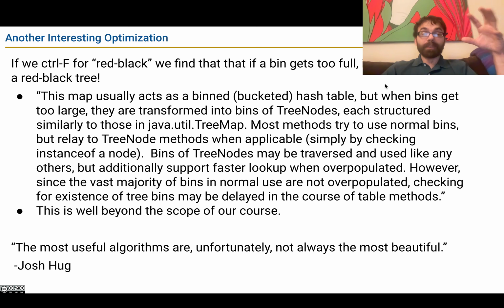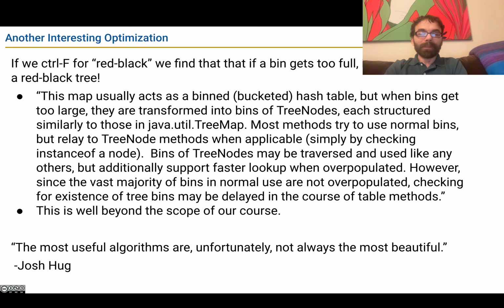But when bins get too big, let's say you have a lot of collisions, that's lots and lots of items in one bucket, the bin actually gets turned into a red-black tree. Most of the bins are just normal bins, just a linked list. But if it detects that there's some imbalance, it will automatically turn things into a red-black tree and hopefully get better performance that way. Well, it'll be guaranteed better performance if the keys are comparable, so we'll be in good shape.